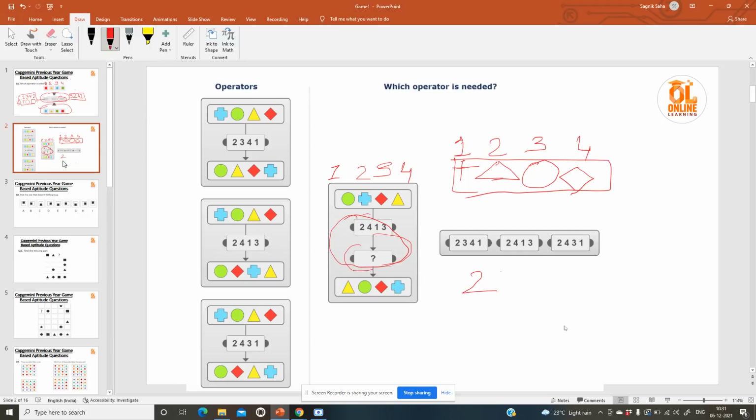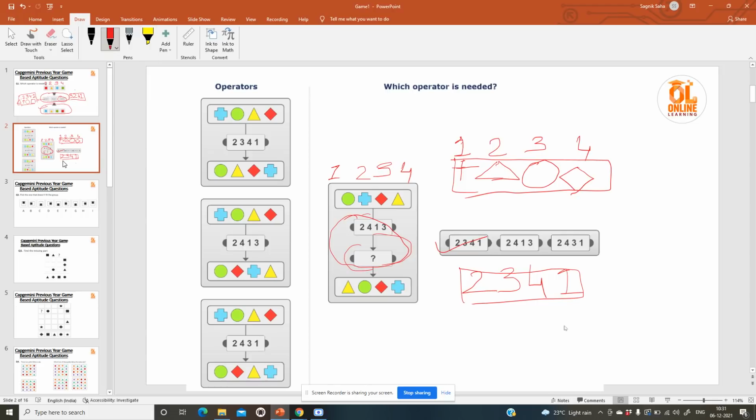It is 3. Then the rhombus is given. What is the number of the rhombus? It is 4. Then finally the plus sign is given. The number of the plus sign is 1. So the answer will be 2341. So they are very easy, just you have to carefully observe and know the logic.